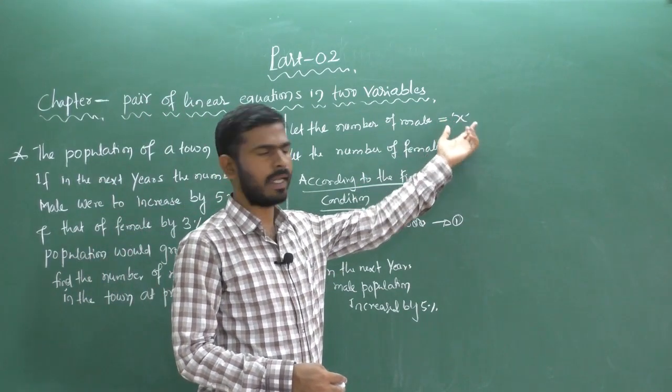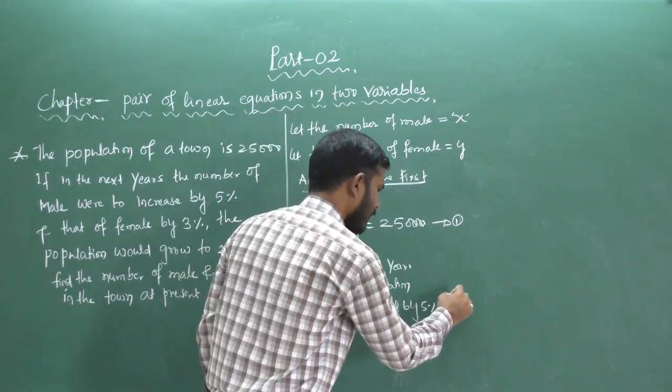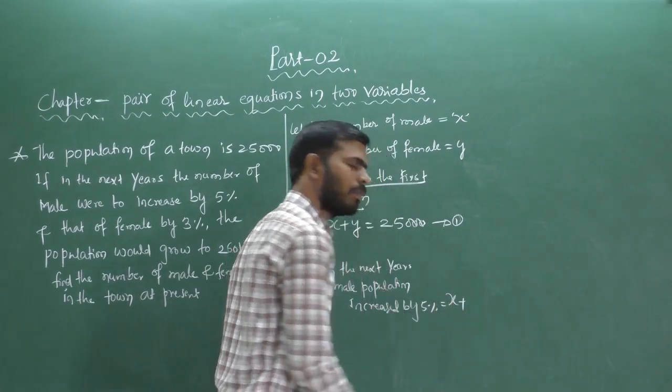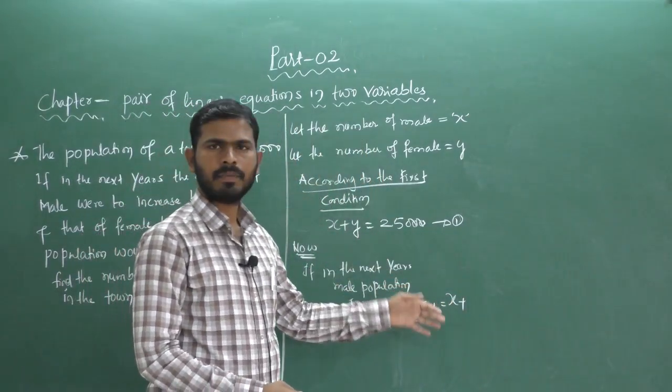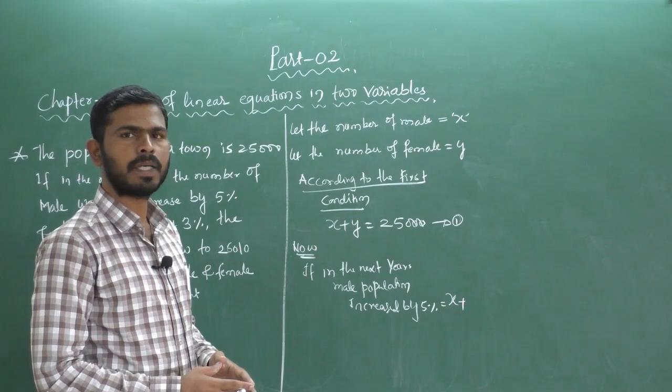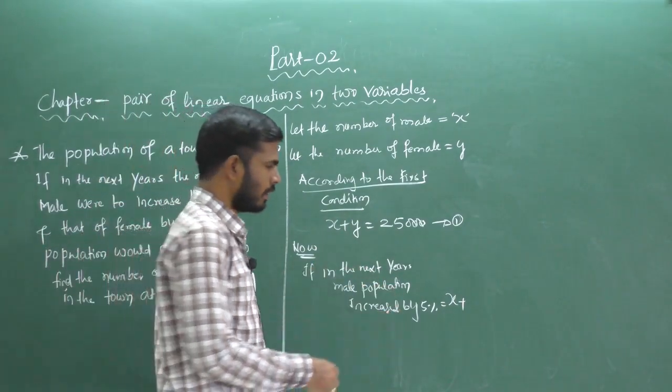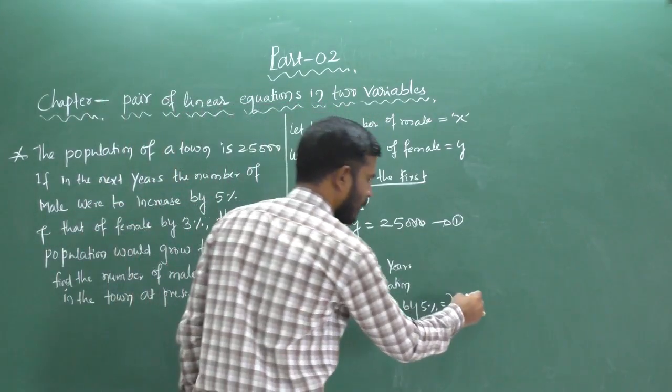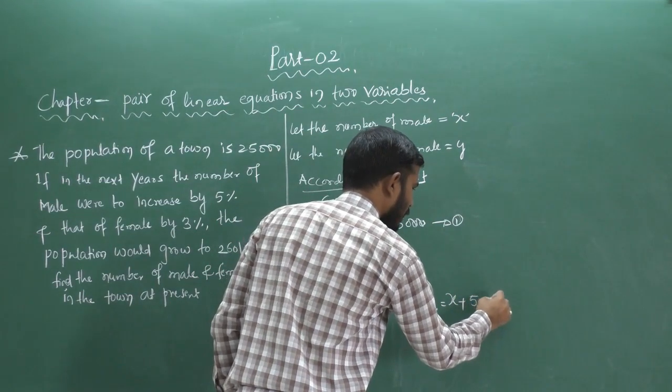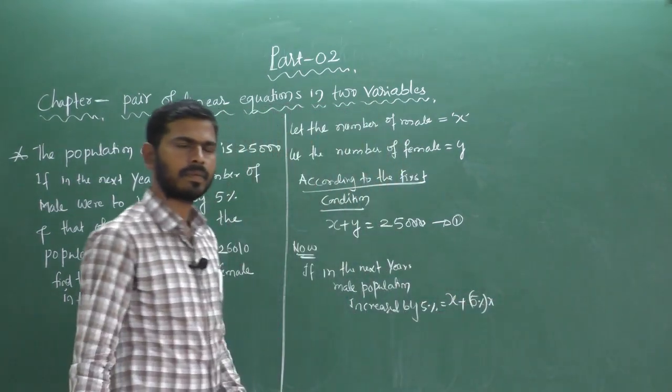We consider it as x. So we take x plus how much increased? 5% of the present population. So 5% means 5% of x.